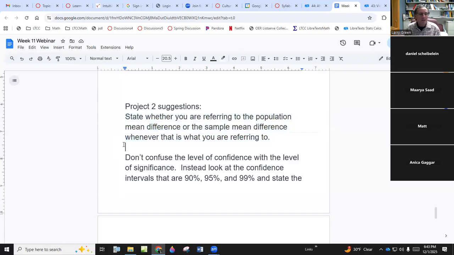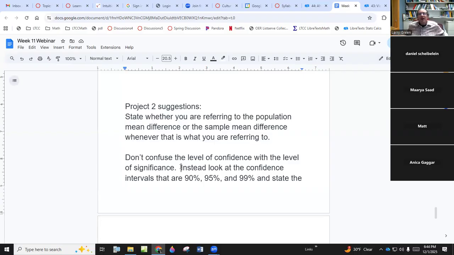Okay? The next one, which is real common, is don't confuse the level of confidence with the level of significance. Don't just say, hey, I used a 5% level of significance, so now I'm going to use a 95% level of confidence. Instead, for the confidence level, you should look at the 90% confidence interval and talk about how the client would react and how useful it would be.